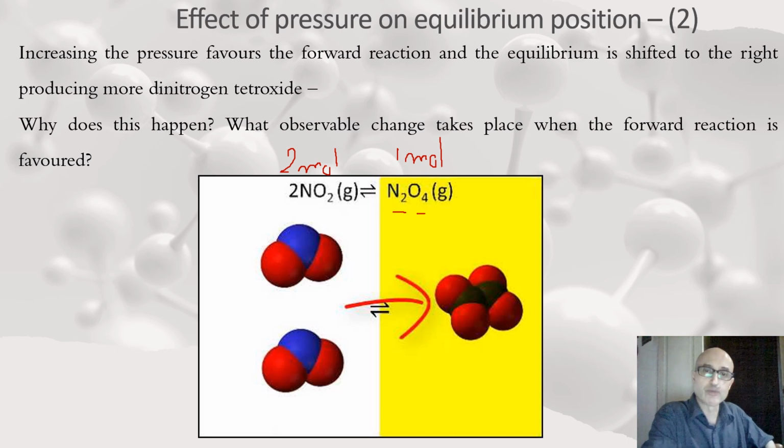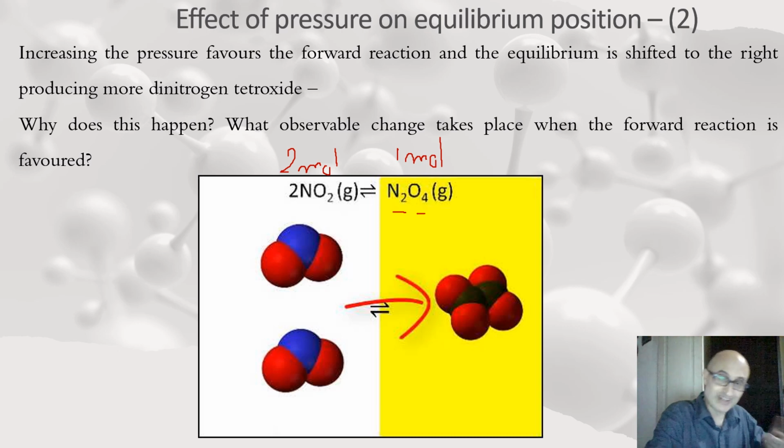And how can it oppose the higher pressure? By forming more of the dinitrogen tetroxide or more of the nitrogen dioxide. I've actually put it in as a question right above me. Now, since this is a recorded lesson, I will have to answer it myself, but you can pause it right now, think about it, and then check whether what you think is what I'm about to say now.